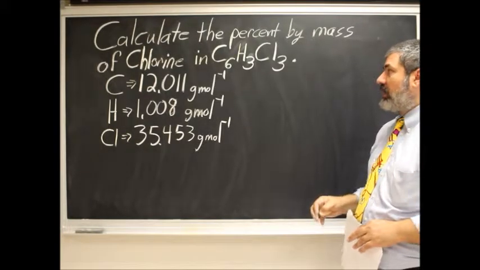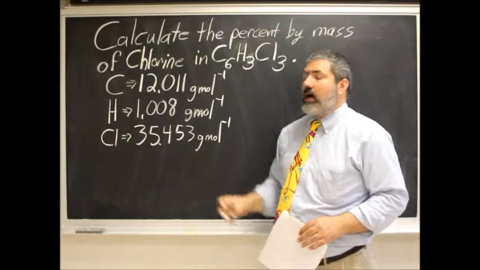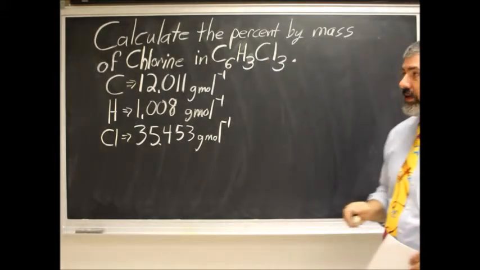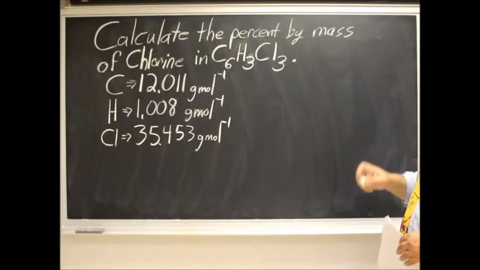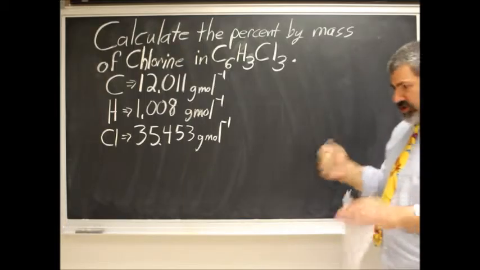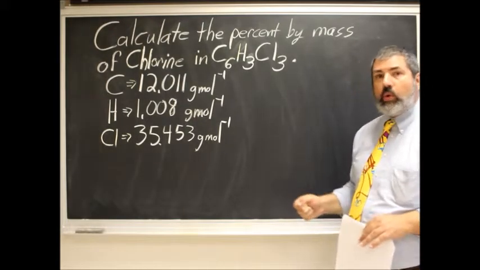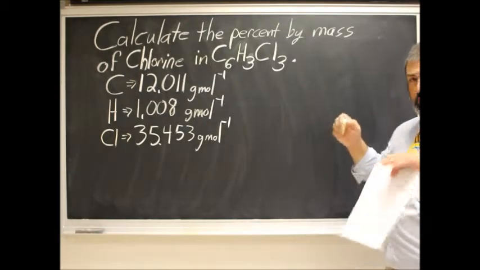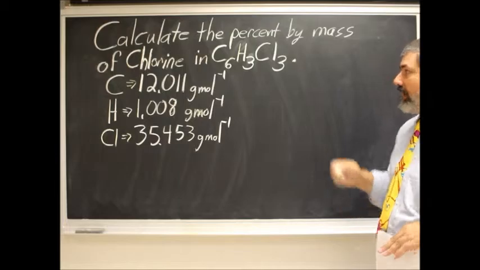So to do that, I've already taken the liberty of writing the molar masses of carbon, hydrogen, and chlorine on here. Now, you can shove all these numbers into your calculator at one time to get the molar mass and then go from there. But I like to write it out systematically.